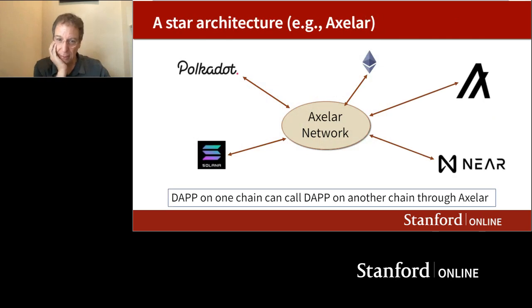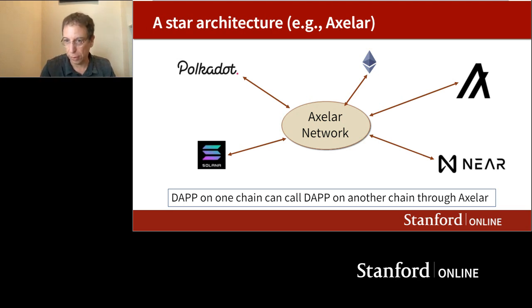I'll just say that when it comes to interoperability, one design that seems to be quite promising is a star network, where we have all the wonderful blockchains that have been developed, and then there is a network being formed called the Axelar network that actually allows any smart contract on any one of these chains, so an Ethereum smart contract, to make a call to a smart contract on Solana.